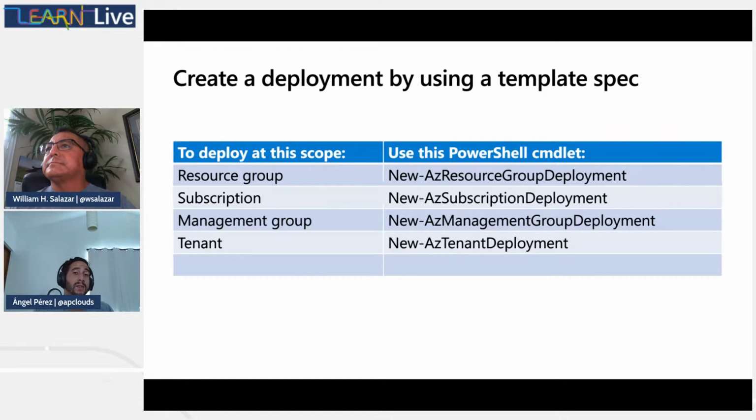Because since it's a resource like any other Azure resource, it has to abide by Azure RBAC rules. So with our Azure RBAC rules, you're able to control access to these template specs that you store across your Azure real estate, if you will.